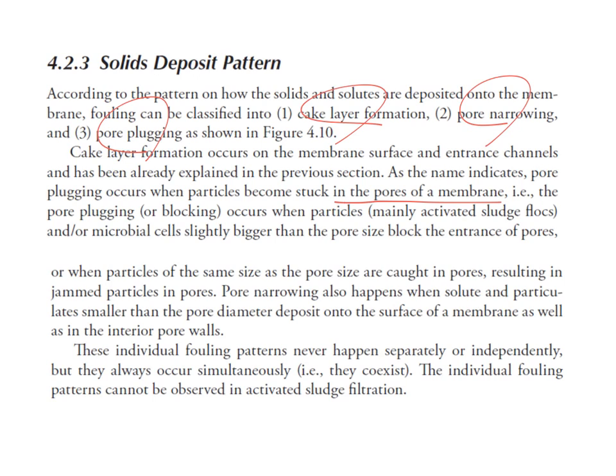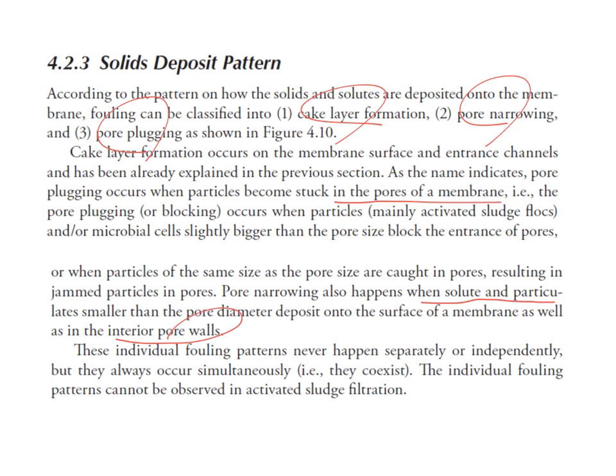And pore narrowing happens, as I mentioned, when solids and particles smaller than the pore diameter exist in the feed solution. They deposit onto the membrane surface as well as the interior pore walls, so that we have a reduction in effective pore diameter.